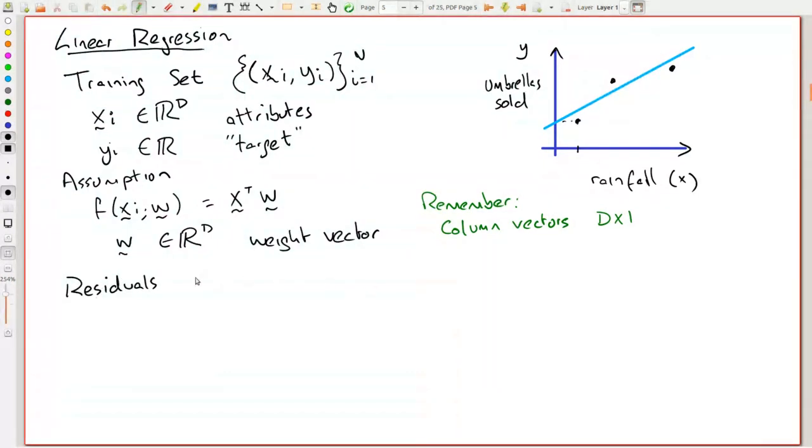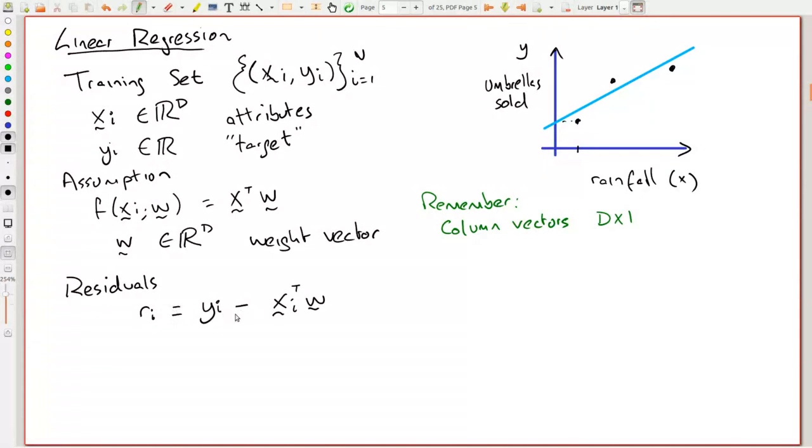Okay, and so we can look at the discrepancy between the actual target values that we measure and our model predictions. And we can call that the residual. So what does it mean?